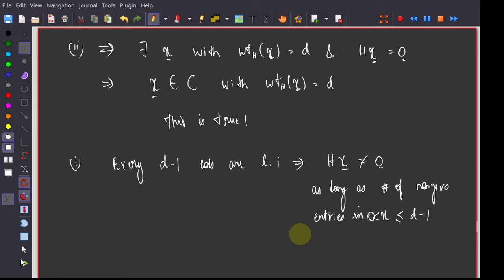There has to be at least one non-zero entry, right? Because H times the 0 vector will always give you the 0 vector. So if you multiply by any non-zero vector and the number of non-zero entries in X is less than or equal to D minus 1, then the resultant is non-zero. Correct? And why is that true?